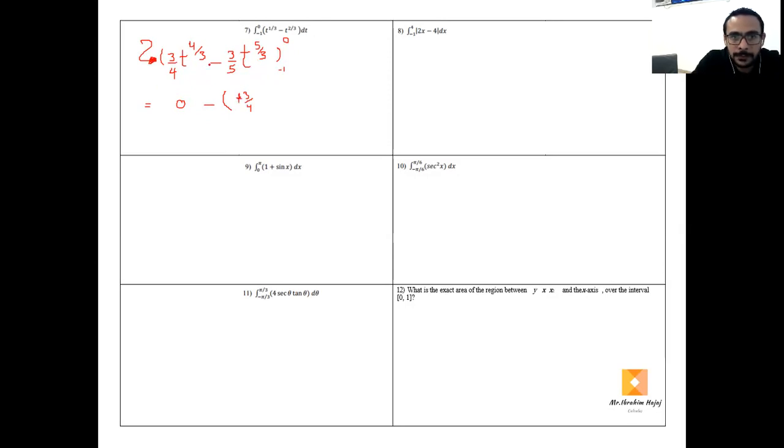It's negative 1 to the power of 1 third first. It's negative 1 and all to the power 4, which is positive. 3 over 4, positive. Minus 3 over 5 times negative 1 to the power of 5 over 3, so negative 3 over 5. Negative 3 over 5 times this negative gives positive 3 over 5.